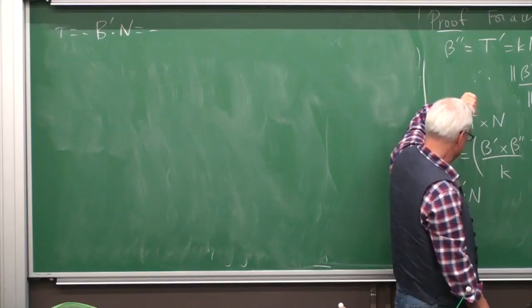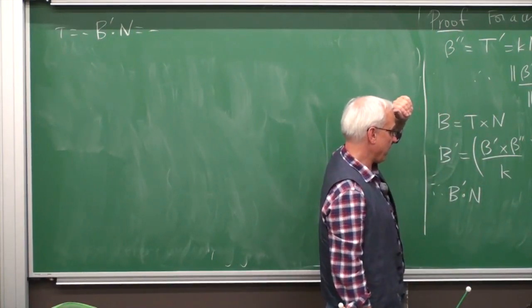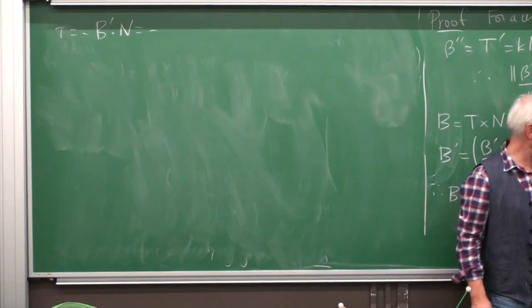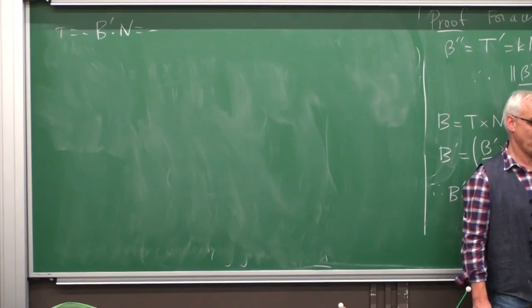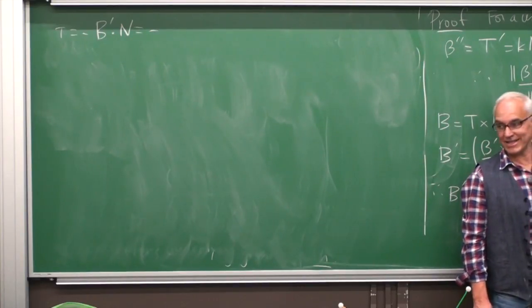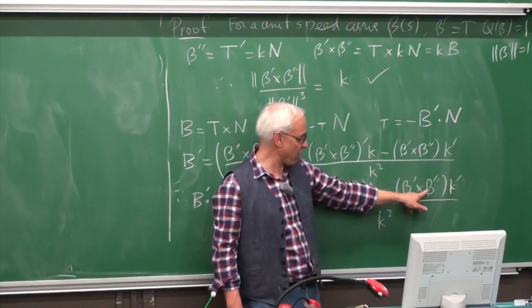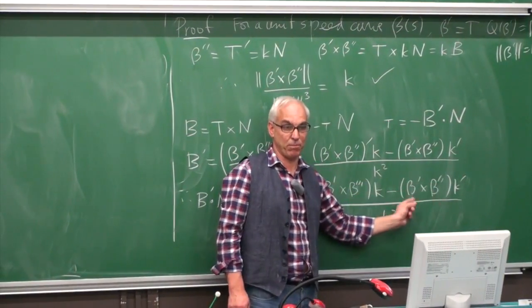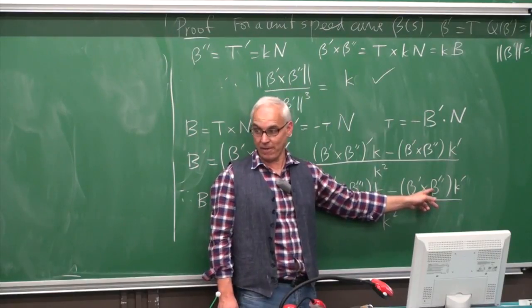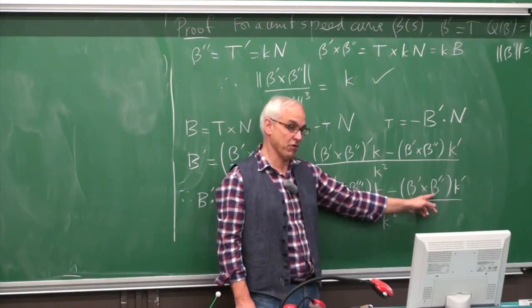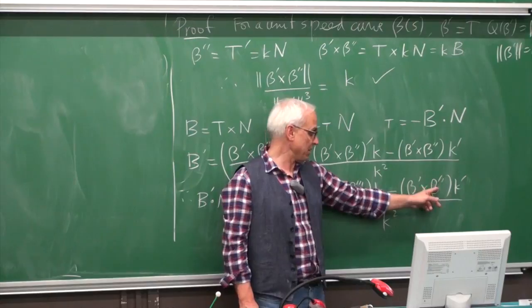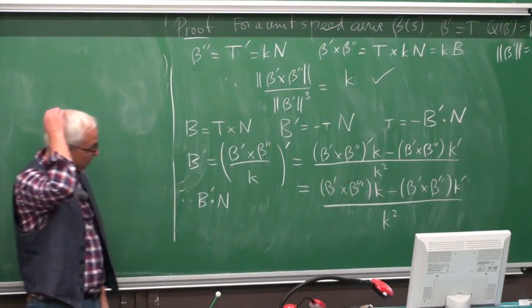So if I take the dot product of this with n, I'm going to get 0, because this term has a beta prime cross a beta double prime, so this vector is perpendicular to both vectors, in particular to beta double prime.